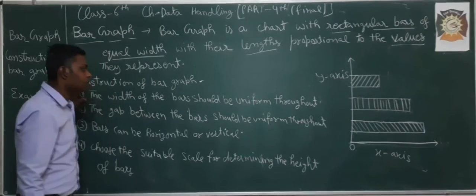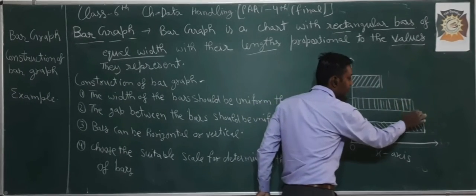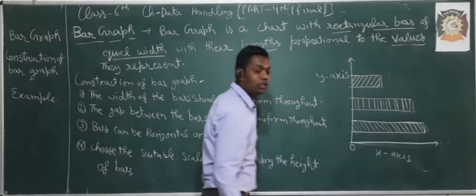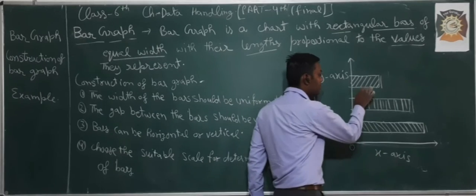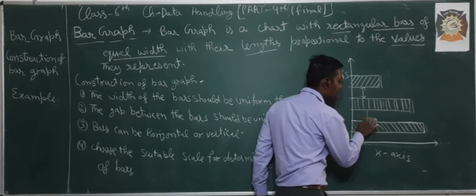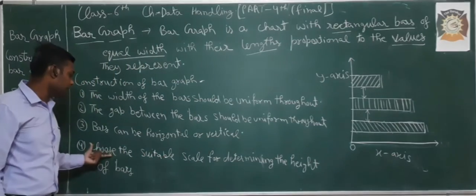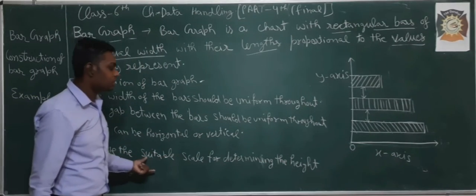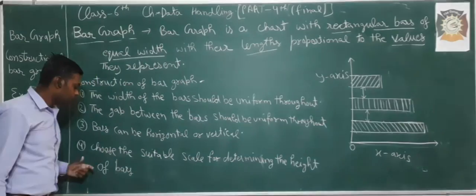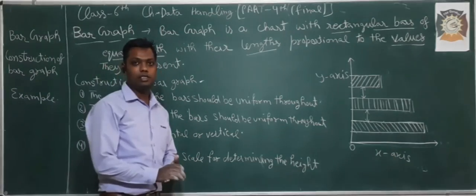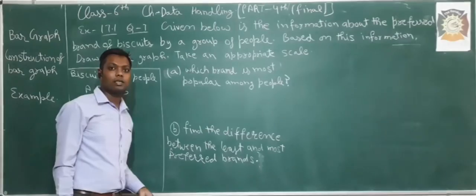The width of the bars should be uniform, this and this should be the same, and the gap between the bars remains the same. We can draw the graph horizontally or vertically as we wish, and choose a suitable scale to determine the height of the data. It depends upon the given data and your wish.